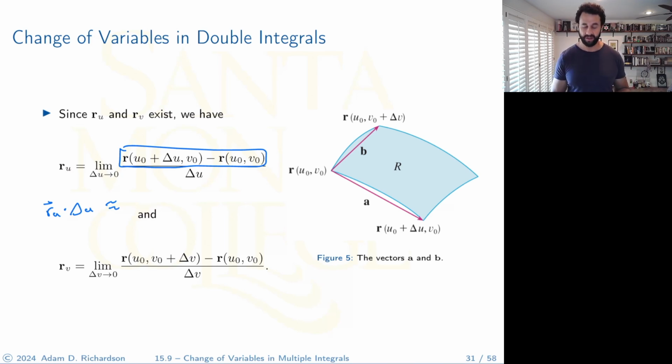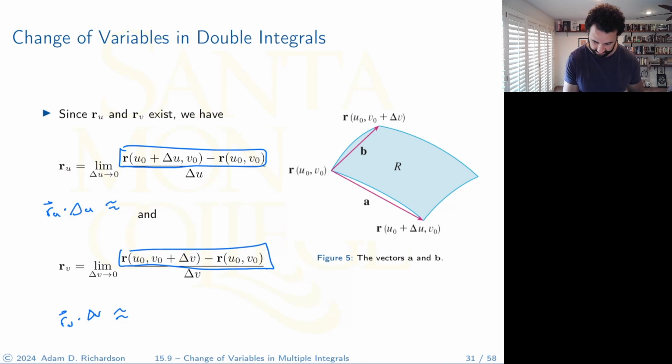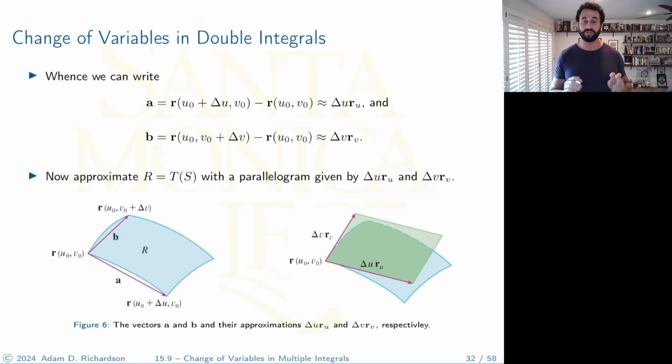That's what this is saying. And we can do the same thing here: r_v times delta v is approximately this. But what are these two things? This is B and this is A. So we can approximate those vectors A and B using the partial derivatives and this delta u, delta v.